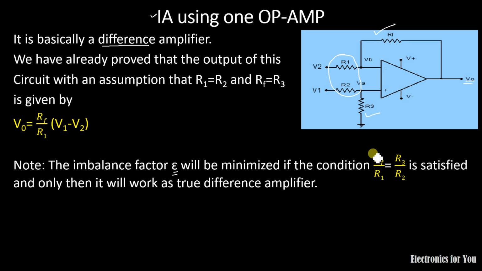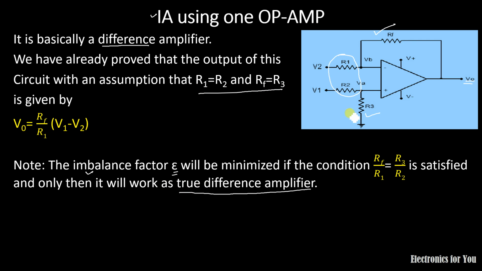If this ratio is not the same, the circuit will be imbalanced, and therefore it will not work as a true difference amplifier. Therefore this condition must be satisfied for the difference amplifier.